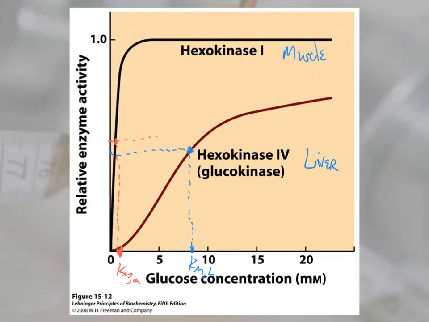Why, physiologically, why is that relevant? Why is it important? Okay, your muscle's going to need the energy, needs the glucose. All right, so what else happens? When will the liver get glucose? Under what conditions can the liver undergo glycolysis?